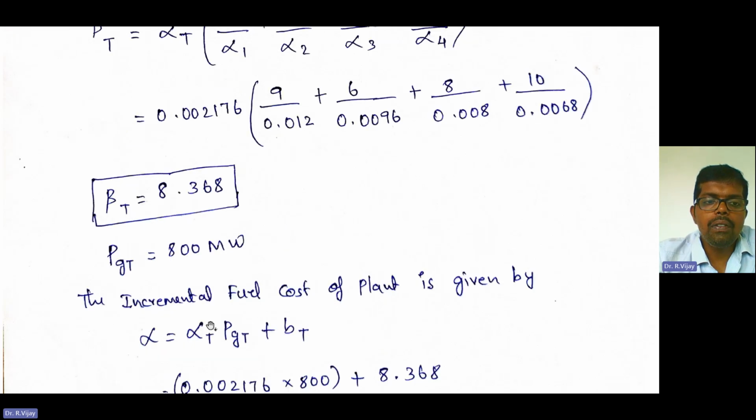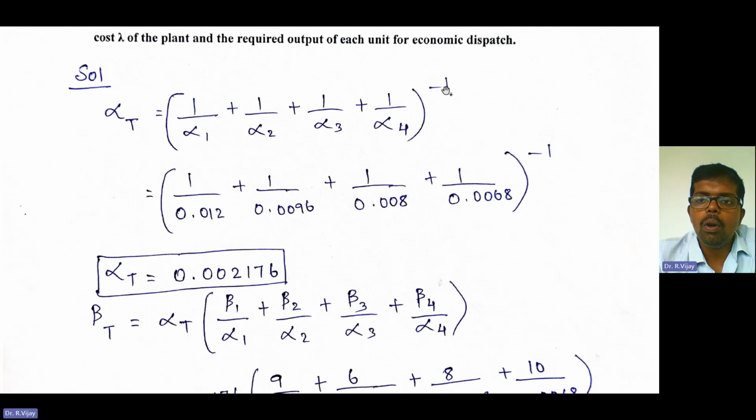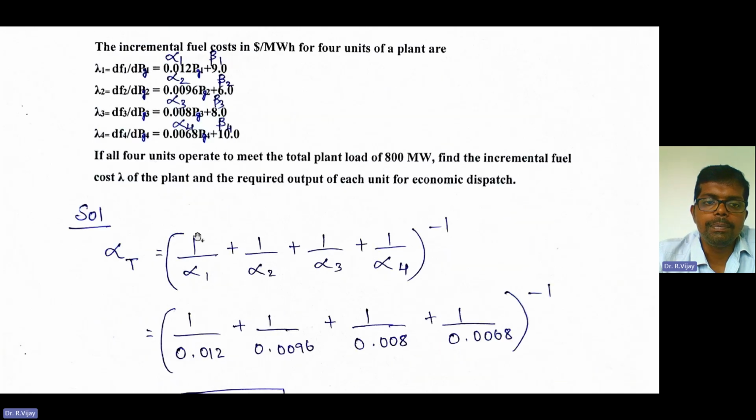So here alpha t is 1 divided by alpha 1 plus 1 divided by alpha 2 plus 1 divided by alpha 3 plus 1 divided by alpha 4, the whole inverse. Alpha 1 we already marked. These coefficients, the differentiated coefficients, are called alpha 1, alpha 2, alpha 3, alpha 4, and we need to substitute whatever is given in the problem.